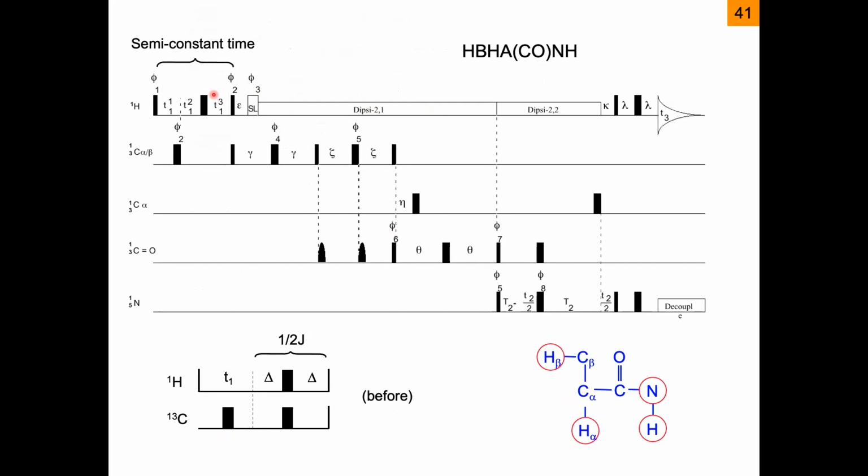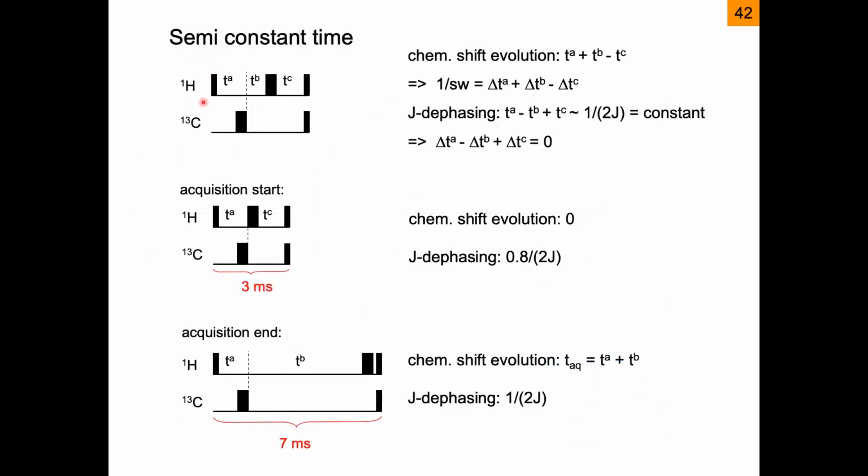So the optimal transfer is 1 over 2 times 140, which is 3.5 milliseconds. So it is a very short evolution time. And so if I just do this constant time trick, then I will not have a very long decay that I sample. But what we could do is still do some kind of a compromise, what we call semi-constant time.